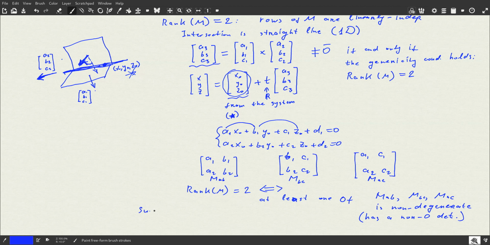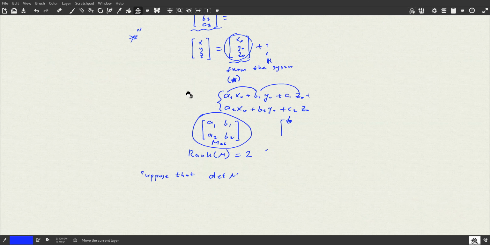Suppose that the determinant of MAB is not 0. So this one is non-degenerate. Okay, then we do the following.